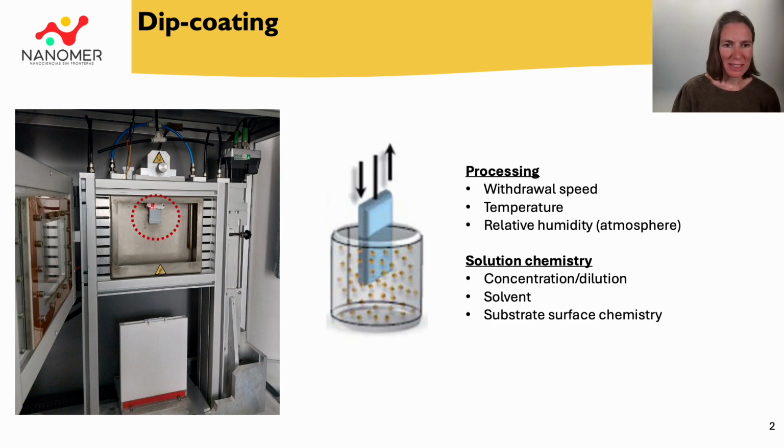So on our dip coater here, we can see the substrate, which is attached here by a pincher up at the top, and we can see a reservoir here at the bottom, which we fill with the solvent, and this can go up, dip coat the substrate, and then withdraw.